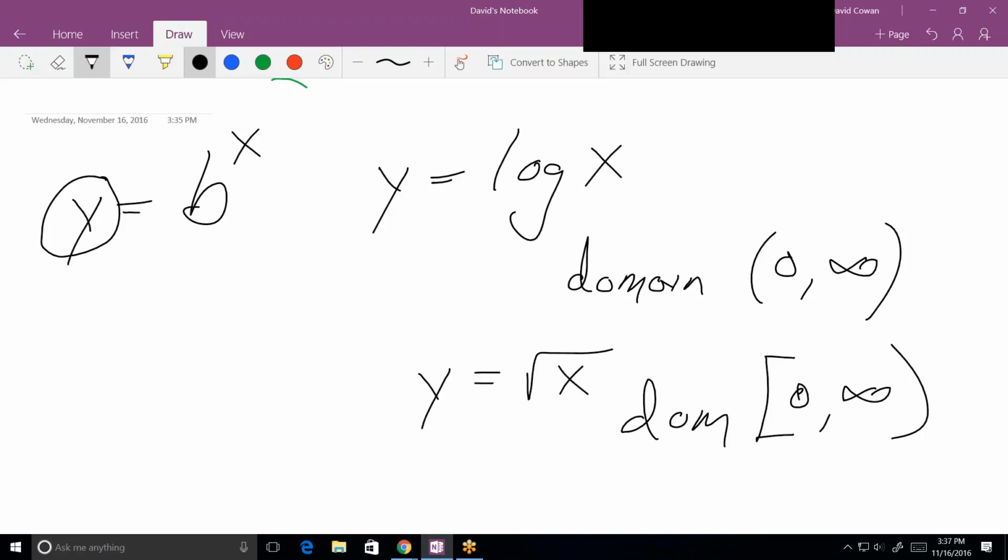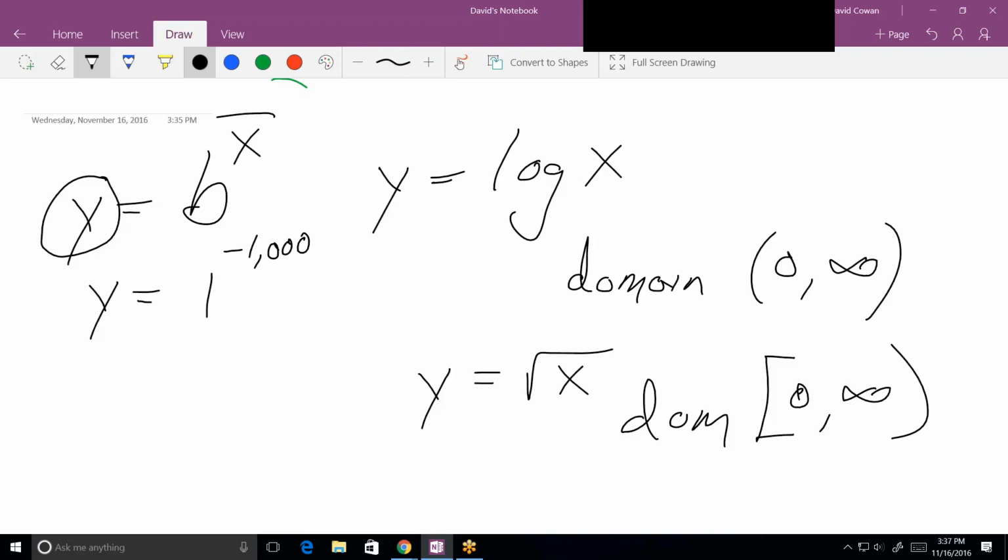In other words, if I said y equals b to the minus 1,000th, that's not 0. That's 1 over 1,000, but it's not 0. There is no value I can make x that makes y 0.